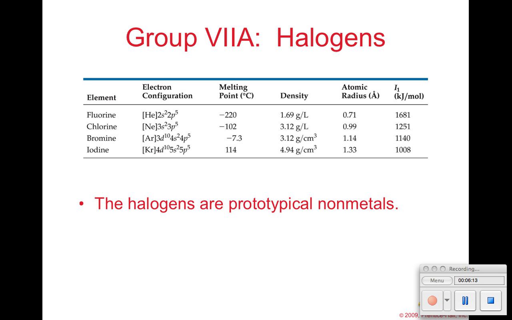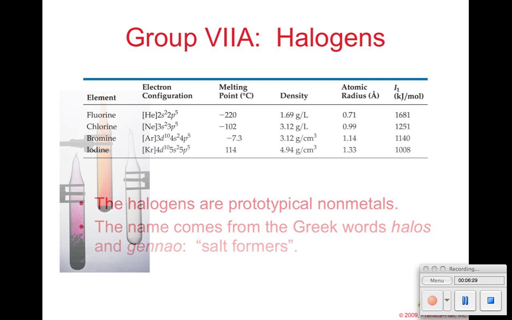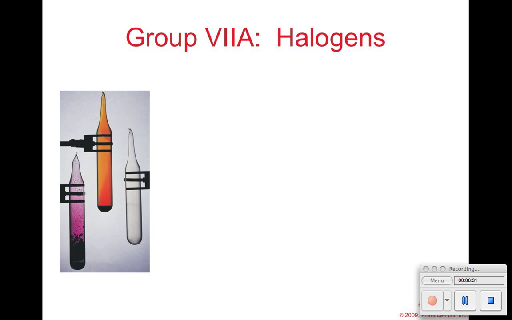When we talk about nonmetals, we are talking about halogens, because they behave very much like nonmetals. Halogens comes from the idea of salt formers, because halogens combine with metals to form salts. That's the classification of a salt: metals combined with a halogen.